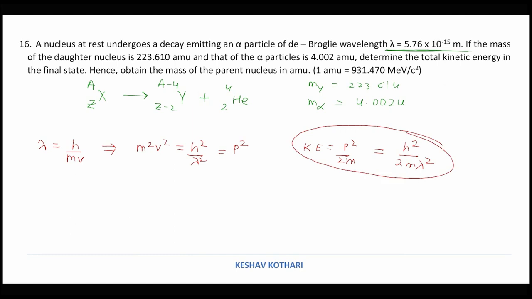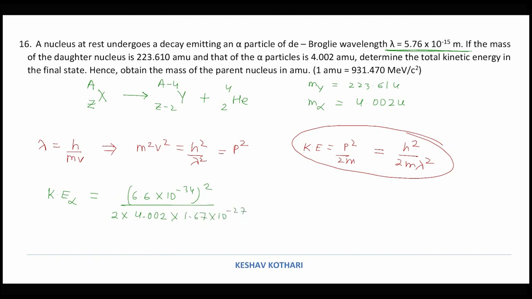For obtaining the value of kinetic energy for the alpha particle and the nucleus Y, we can say that the kinetic energy for the alpha particle can be calculated as h square, that is 6.6 × 10^-34 square, upon twice the mass of the alpha particle, that is 4.002 AMU. So convert it into kg: 1.67 × 10^-27 kg.